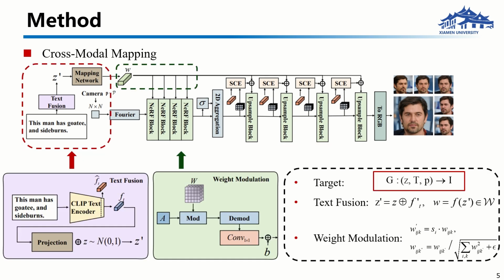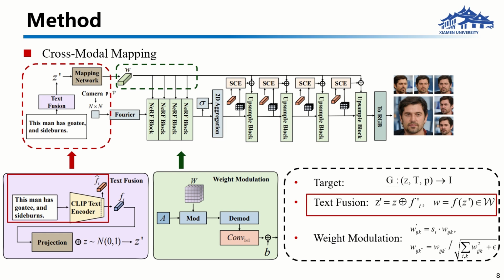We first build a deterministic function to directly map the text description T and the noise vector Z to the 3D-aware face image I under the camera pose P. Here, G denotes the generation network. To realize this function, we first extract the features of the description by the CLIP text encoder and map it to the latent space.